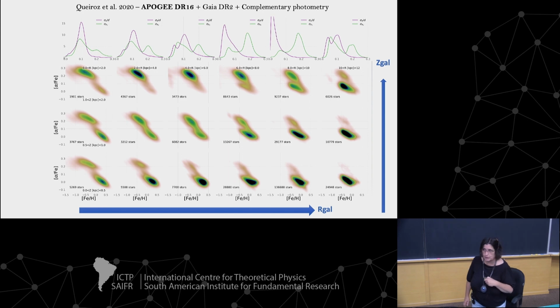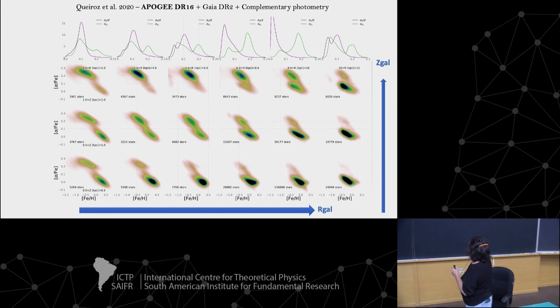Okay, nowadays, where are we? With the APOGEE data that I showed you, with Gaia, with complementary photometry, here you have that same plot now, but for thousands of stars. Here is, if you are in the galaxy, between 0 and 2 kiloparsecs from the galactic center. 2 to 4, 4 to 6, 6 to 8, 8 to 10, 10 to 12.